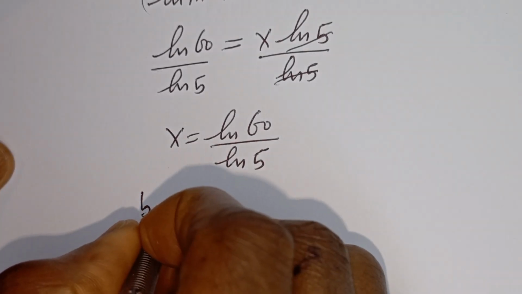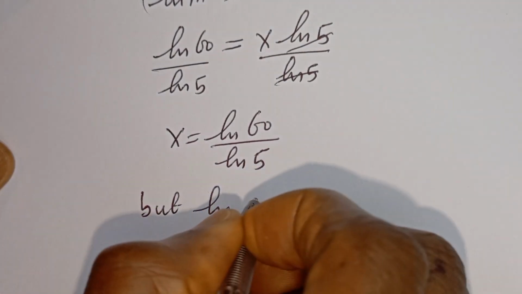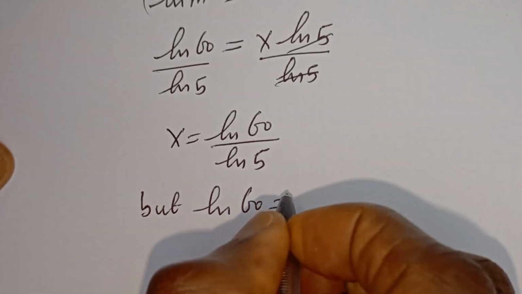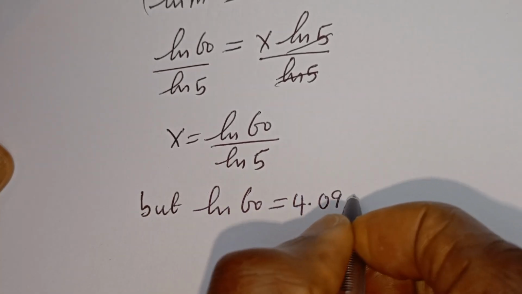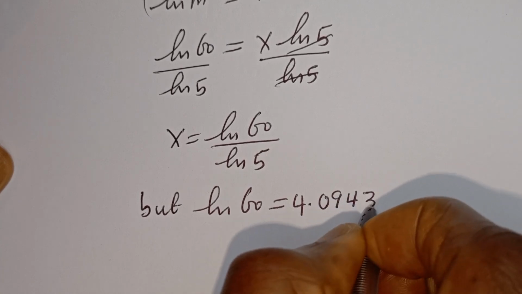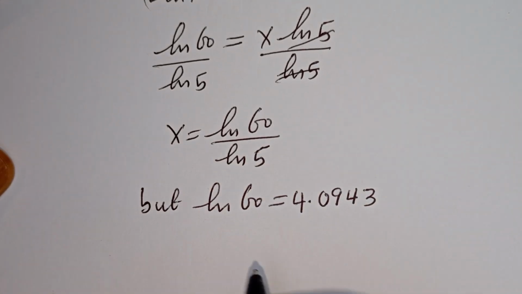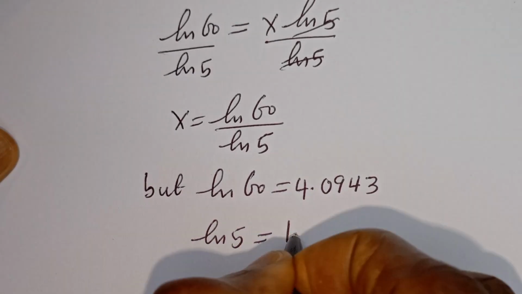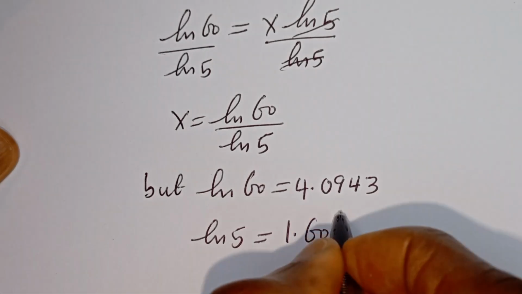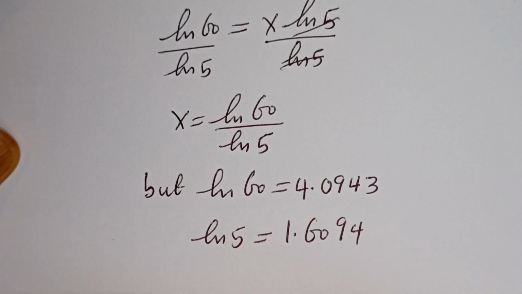But ln of 60 is equal to 4.0943 and ln of 5 is equal to 1.6094.